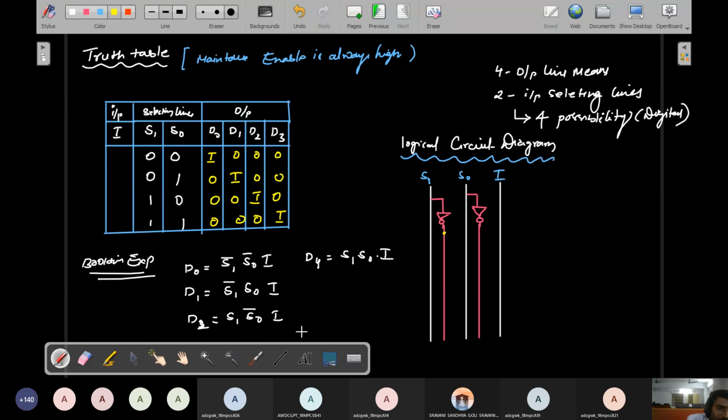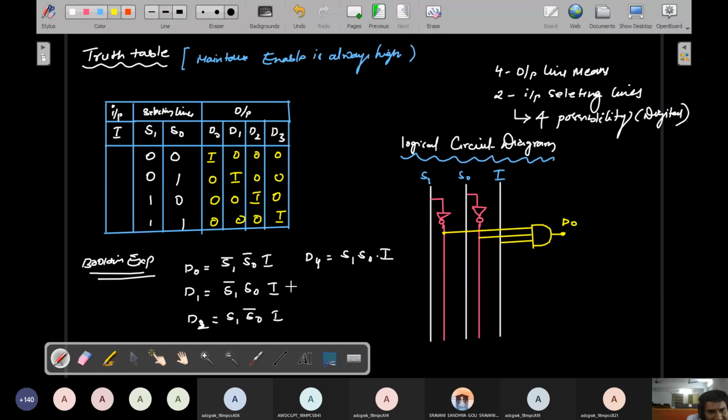This is S1, and after that S0, and I. Okay, so these are the input terminals, and this is one AND gate. This is your D0 terminal, represented by an AND gate using the first Boolean expression.